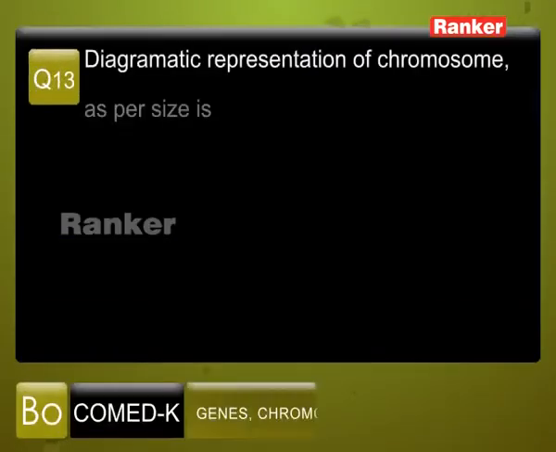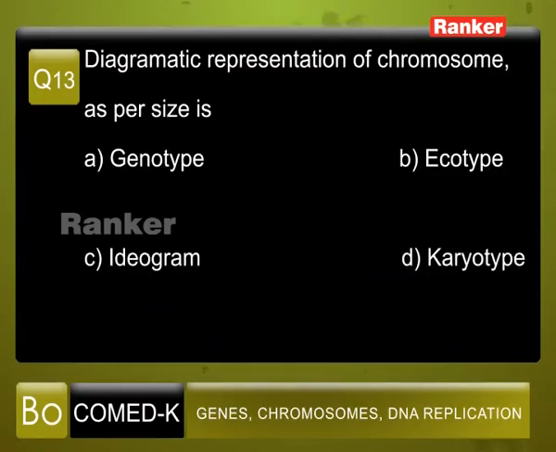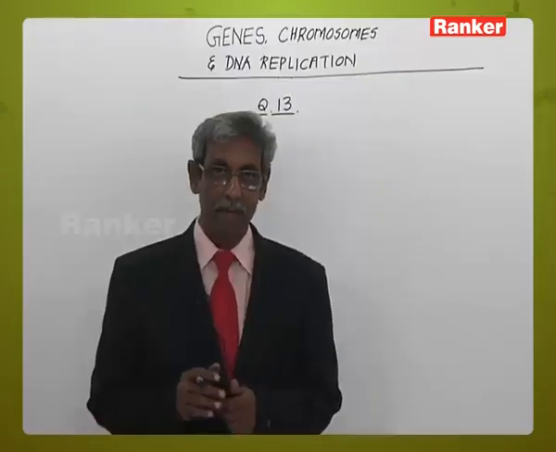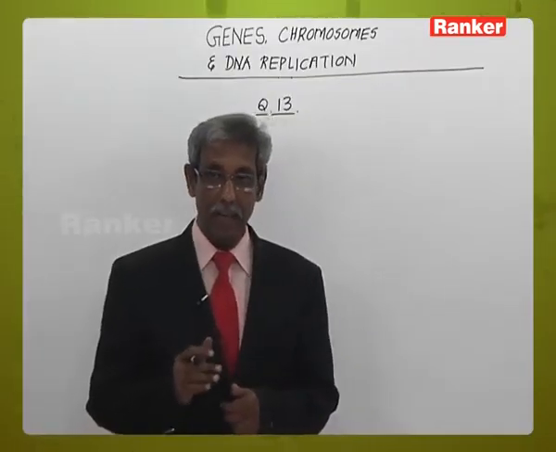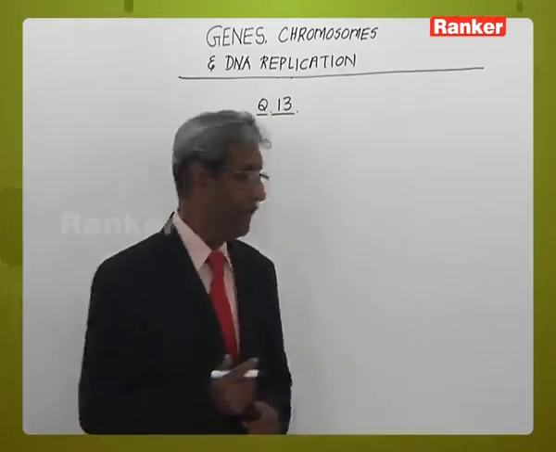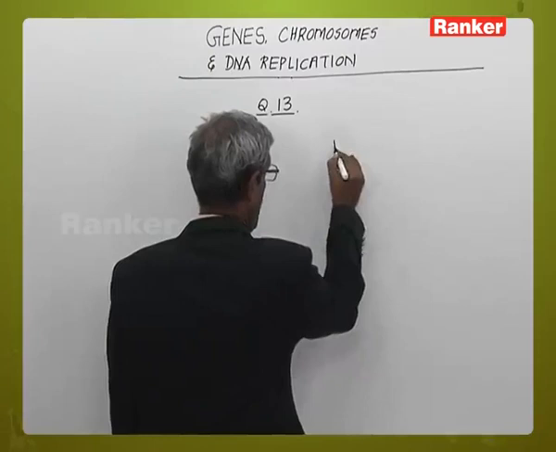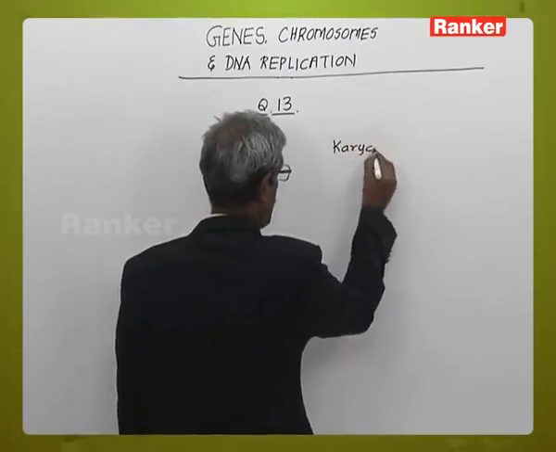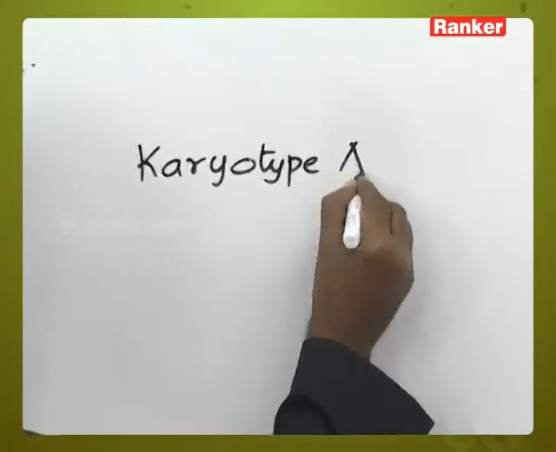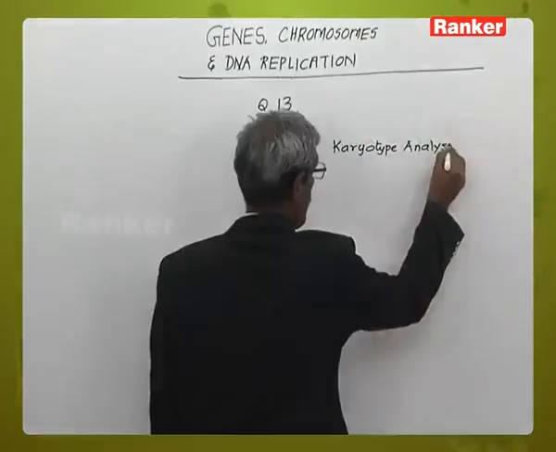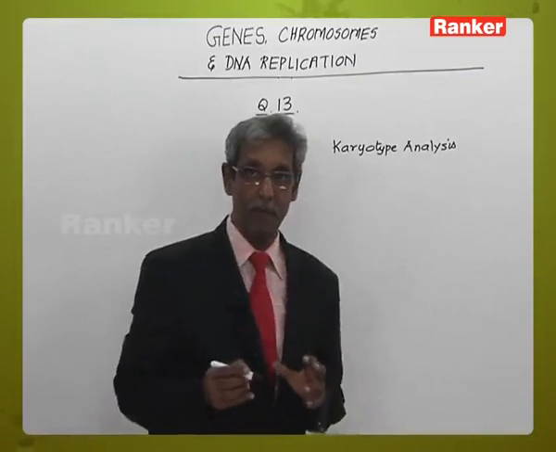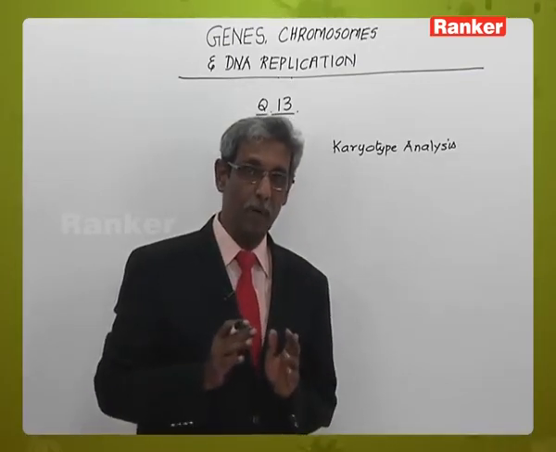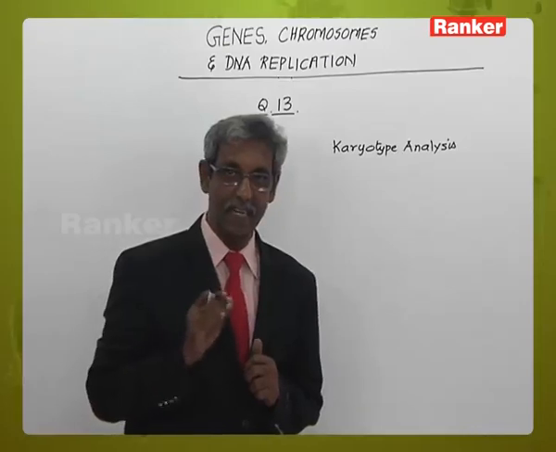Question number 13. Diagrammatic representation of a chromosome as per size is A. Genotype, B. Ecotype, C. Ideogram, D. Karyotype. Whenever we take chromosomes and arrange them according to their sizes, this method of study is termed karyotype analysis. The largest number of chromosomes of any particular organism is easily studied at metaphase.